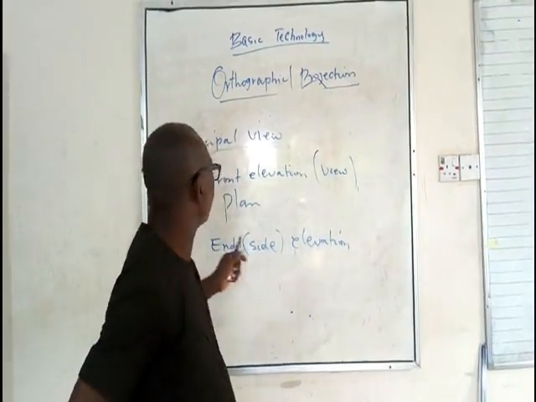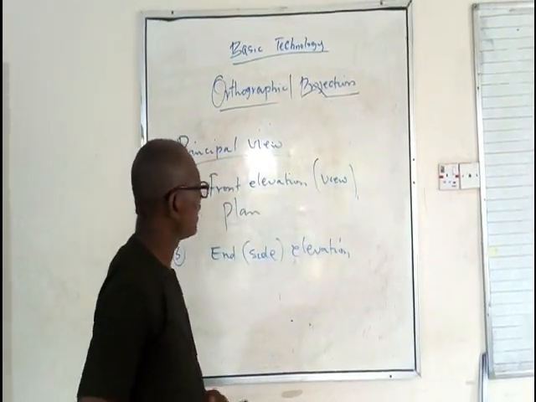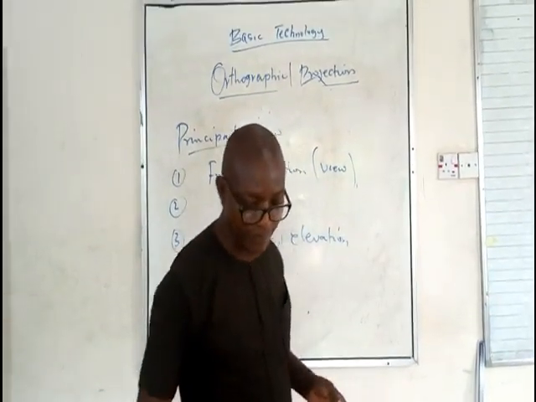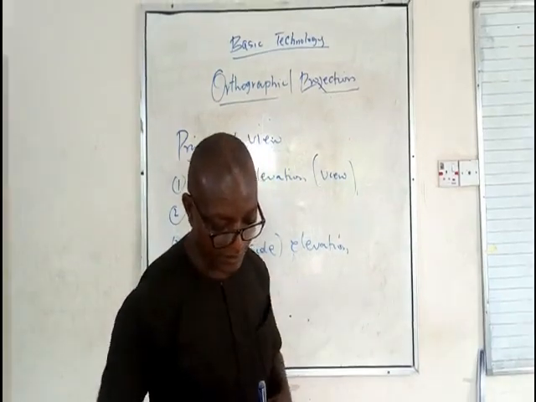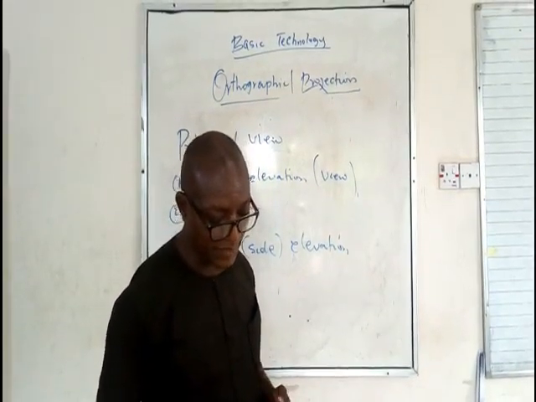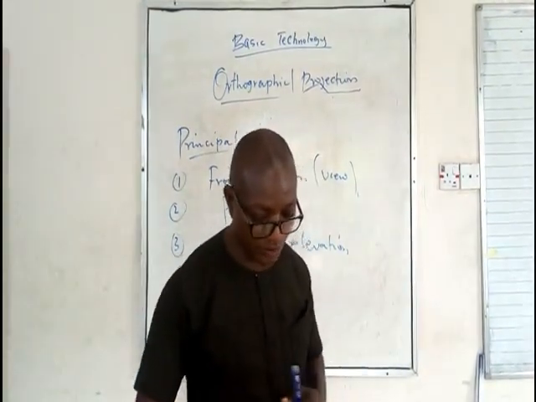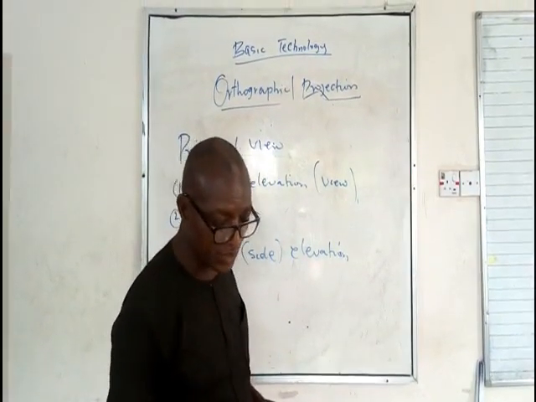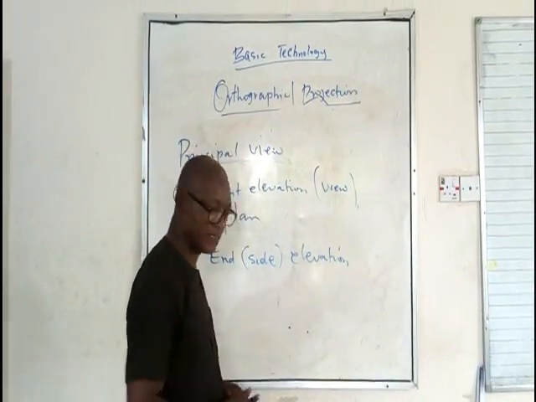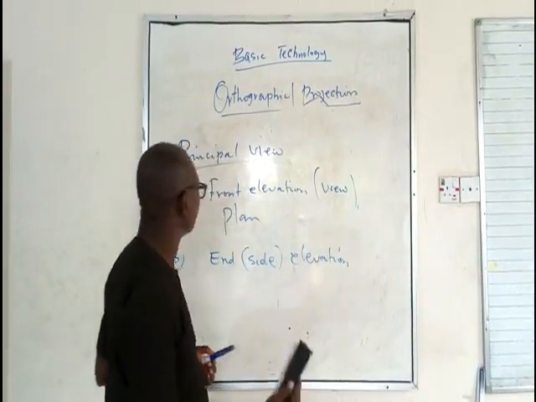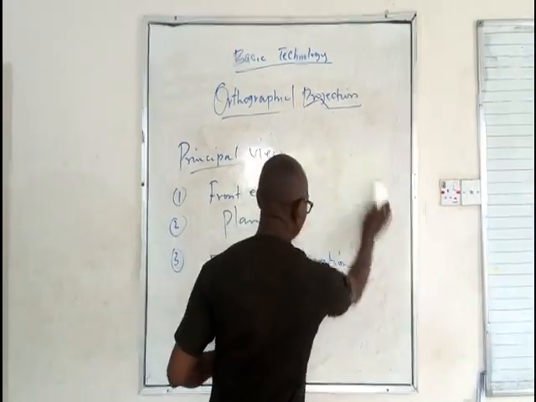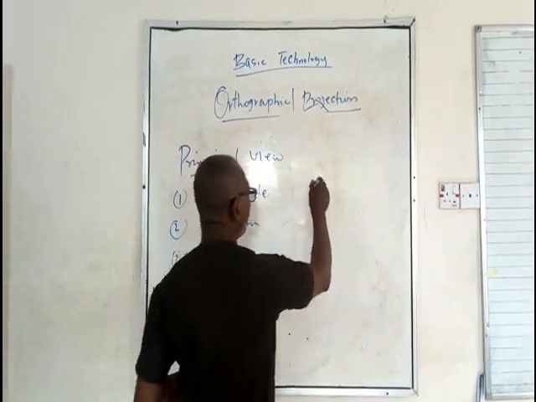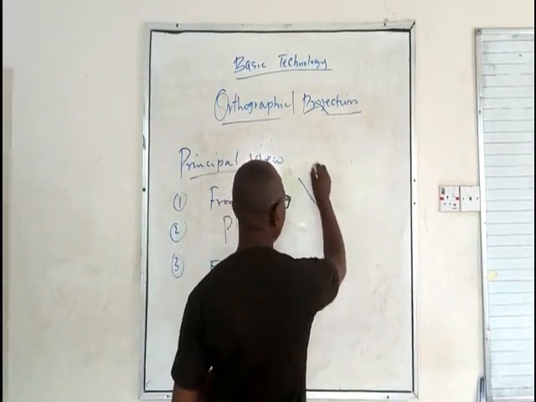And we come up with the front elevation. The front elevation is obtained by looking at the object from the front of the object to be drawn, and it is seen in the vertical plane. Now what that means is that, just as I put the first drawing, I put it there down again.